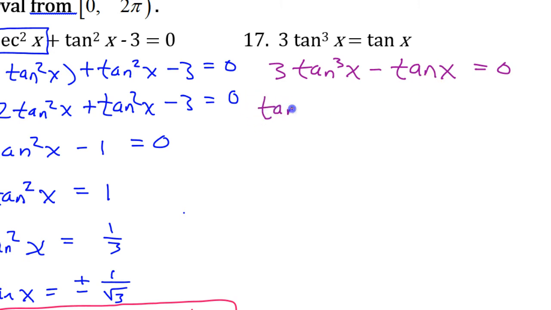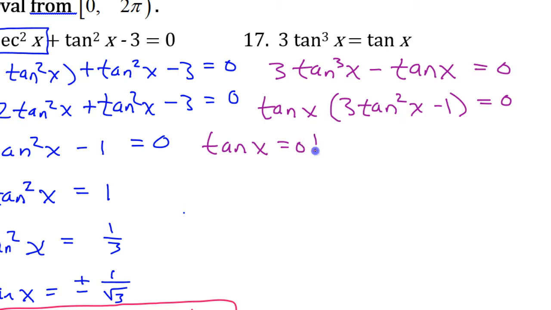So that will give me tangent x, and then that will leave behind 3 tangent squared x minus 1 is equal to 0. Now I'm going to use my zero product property and set each of these equal to 0. So that's going to give me tangent x is equal to 0, and then 3 tangent squared x minus 1 is equal to 0.